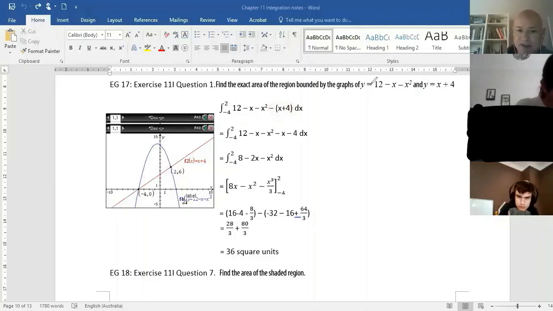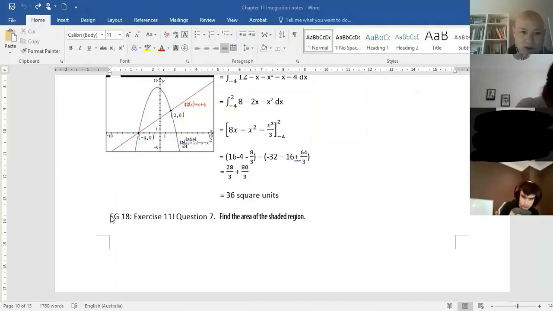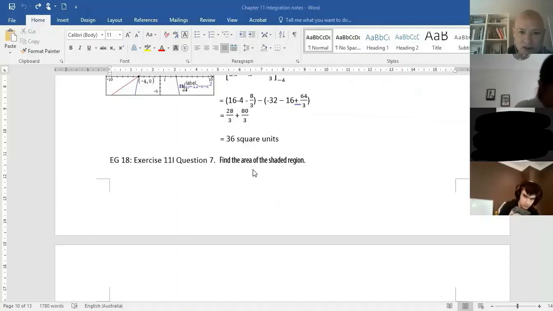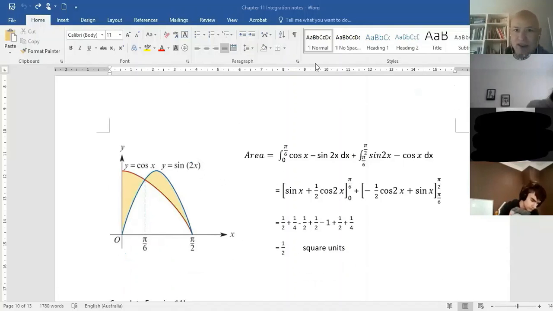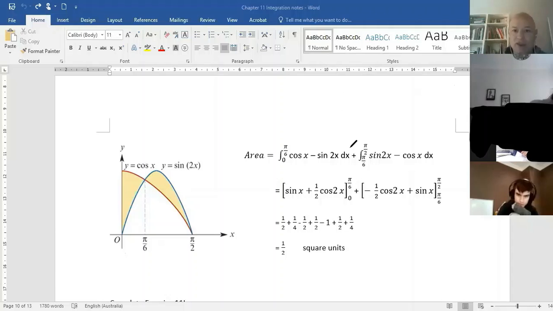Okay, let me clear it and I'll move on. This is question 7 from your book, which already had the graph. Annotate, I'll go back to my blue one. This one says find the area.